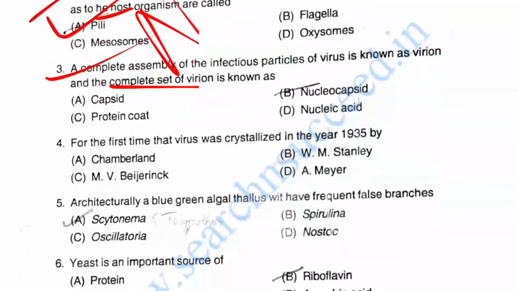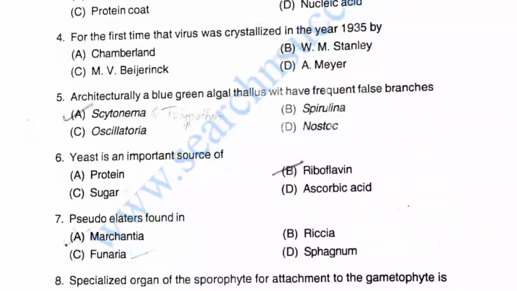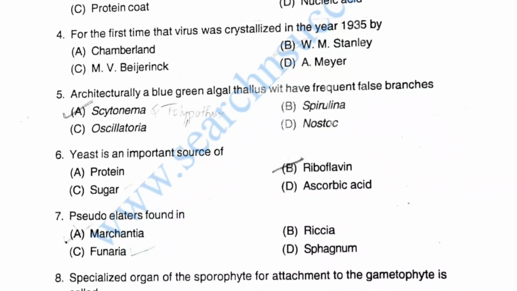Now come to question number 4. For the first time a virus was crystallized in the year 1935 by, means who crystallized the virus for the first time in the year 1935?